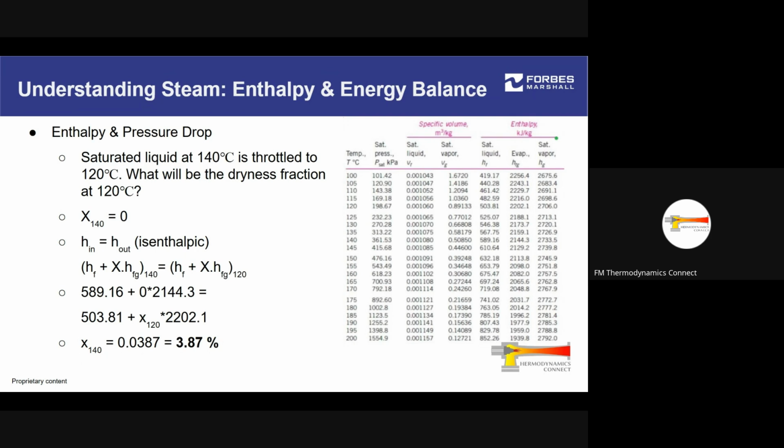So that 4% is now steam. And that is happening because the enthalpy associated with 140 degrees Celsius liquid is much higher than what the liquid itself can accommodate at 120 degrees Celsius. So that extra energy, for maintaining the energy balance, has to convert to vapor. And this is the quantity of vapor that achieves this specific energy balance.